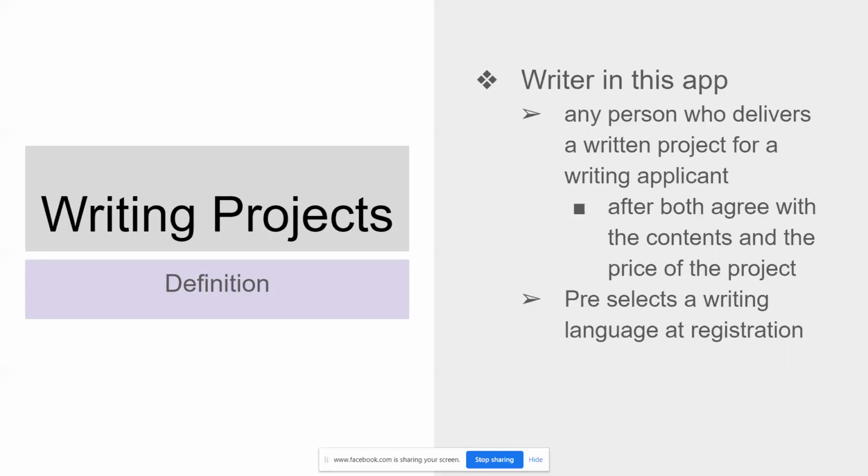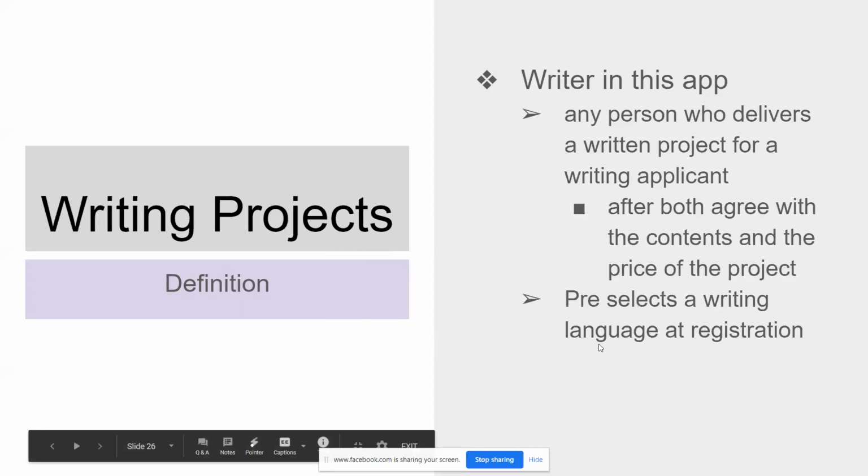After he posts himself, a writing applicant will select him and pay him. First, the writer posts himself with a price, saying I ask this amount, maybe $20 per page, $10 per page, like that. They will deal with the writing applicant. So any person can do that.